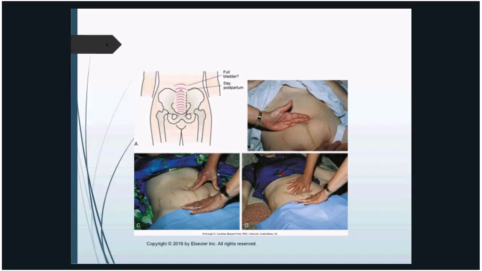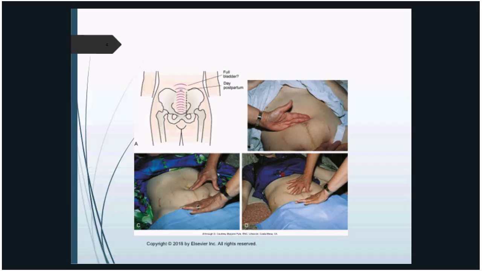This is actually showing you the proper technique to assess the fundus. You'll place one hand lower on the abdomen, right above the pubic bone, to hold the bottom of the uterus in place. You don't want to take your other hand and push on the top of the fundus to find out where it is and accidentally cause the uterus to be displaced.